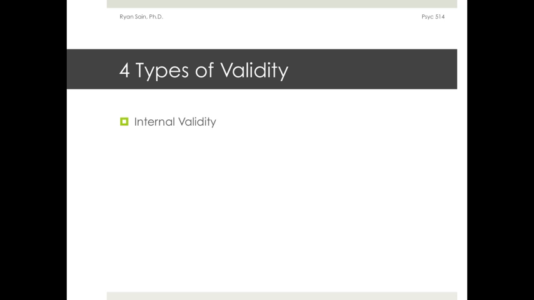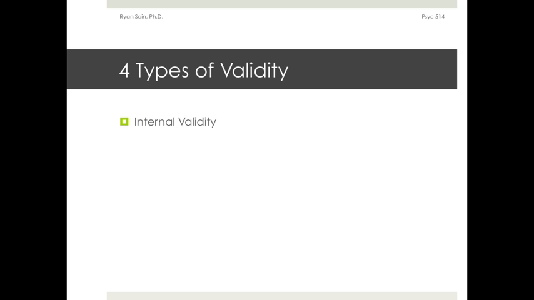They added some that historically weren't there. It used to be just internal and external, right? And then Shadish, Cook and Campbell in '79 added the statistical conclusion and the construct validity. Sometimes people talk about construct validity as a type of external validity. I've seen authors talk about ecological validity, which is just a special case of external validity. So there's all sorts of different types of validity here.